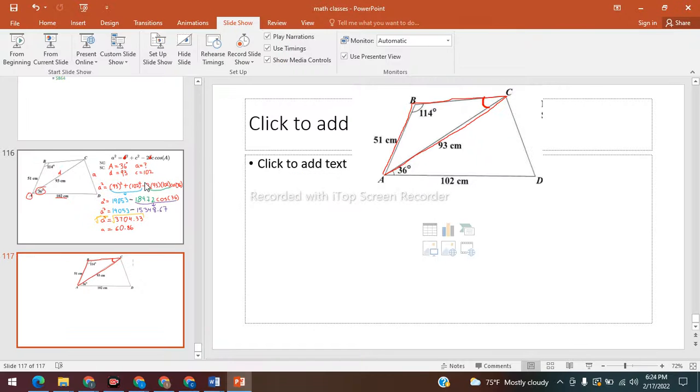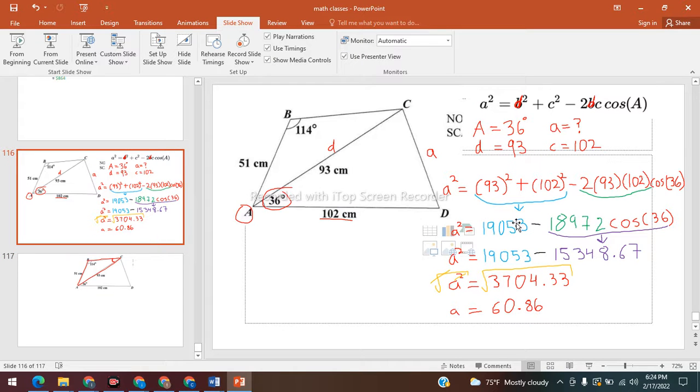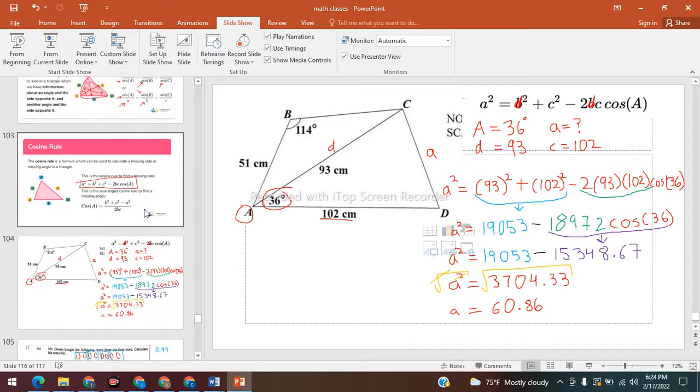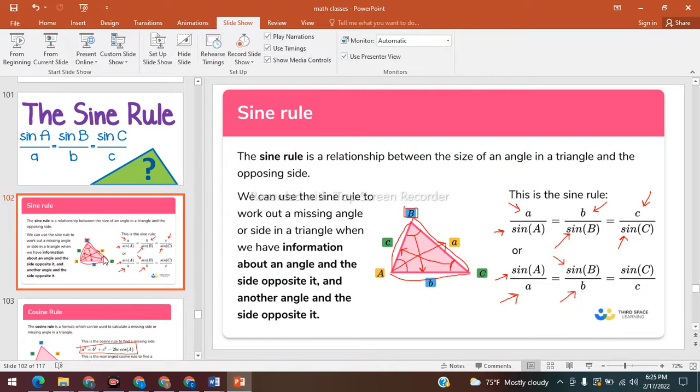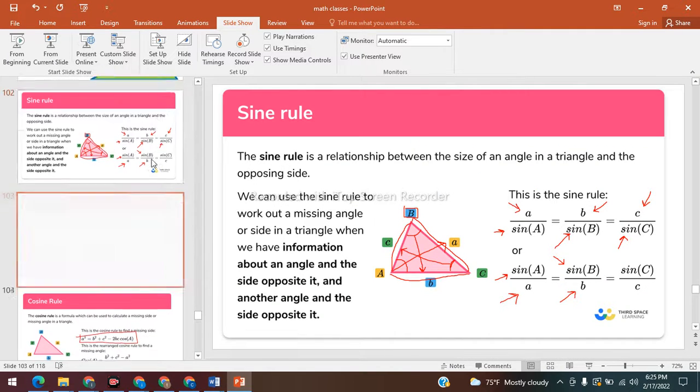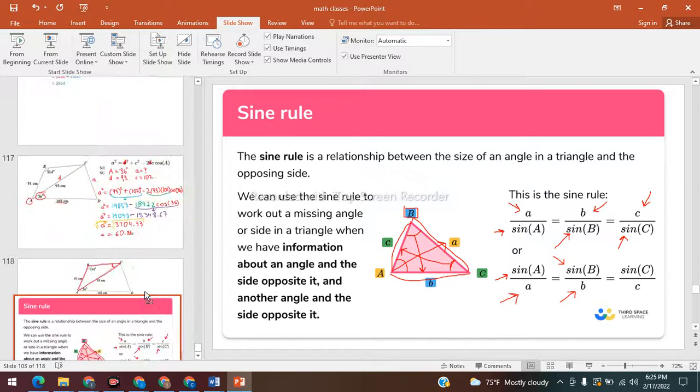So let me just show you the sine rule. This one we use cosine rule, and for this one we're going to use sine rule. So let me just reiterate the sine rule for you, and then we'll be good.